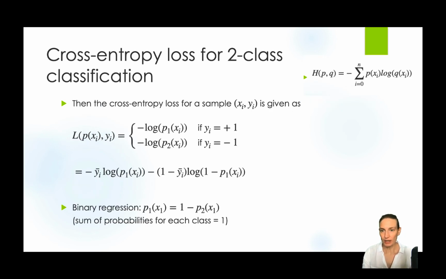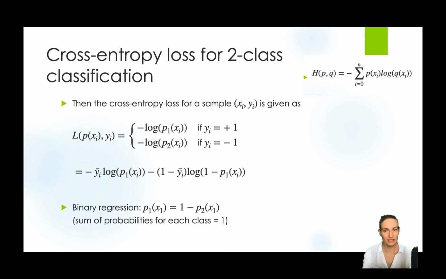Now let the cross entropy loss for a sample xi, where x is all the input features and yi is the class, be given as follows. If the class is +1, the cross entropy is minus log of the probability p1 of x. If the class is -1, it's minus logarithm of p2 of x.